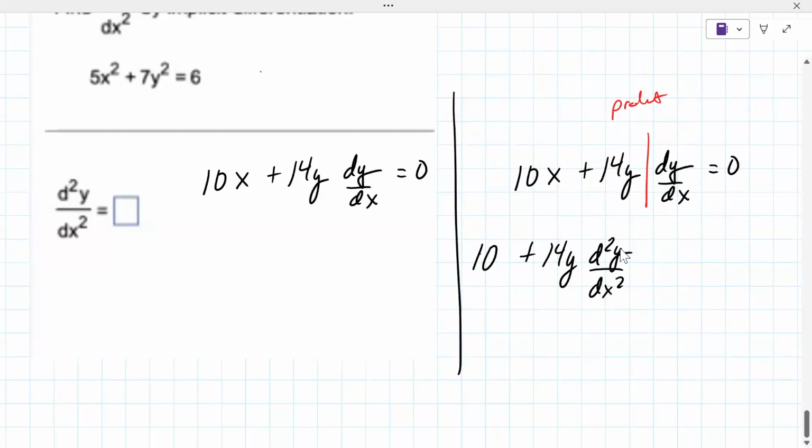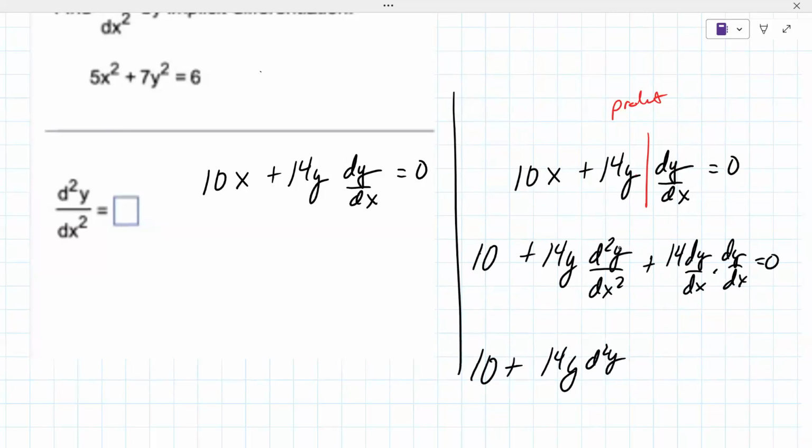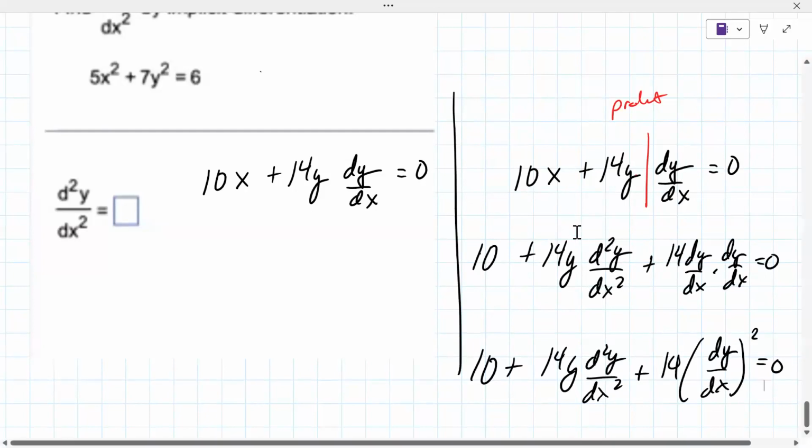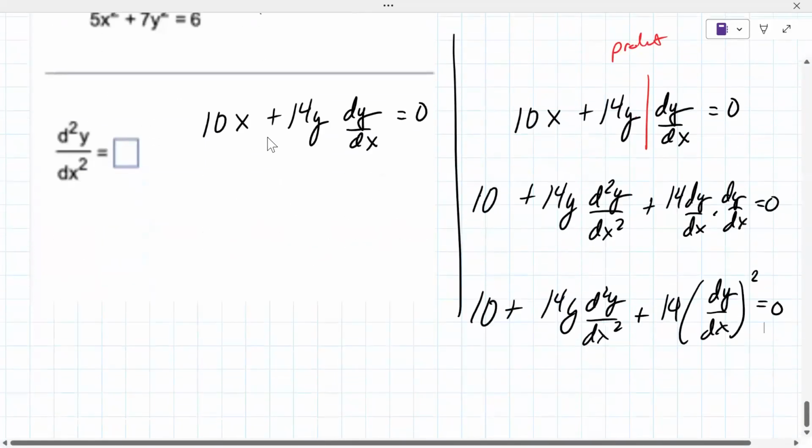The derivative of the second is the second derivative, plus the derivative of the first, which is 14 dy/dx, times dy/dx, equals 0. And so you get 10 plus 14y d squared y over dx squared plus 14 (dy/dx) squared equals 0. And it looks really bad.